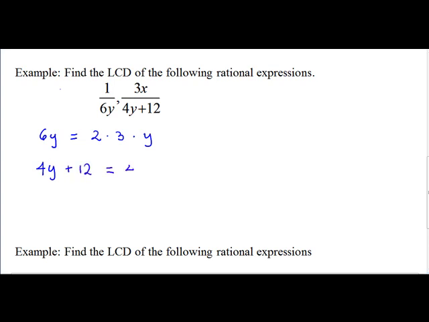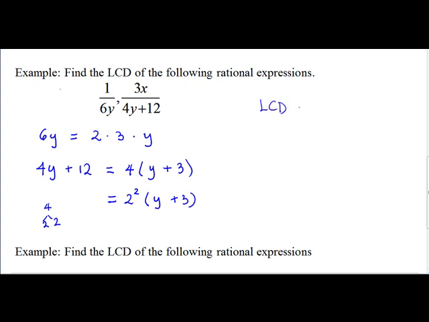Now factor out a 4 to get 4 times y plus 3, because 4 times y is 4y, and 4 times 3 is 12. Now the 4, I like to rewrite as 2 squared, because 4 is 2 times 2, which are prime numbers, and then y plus 3.